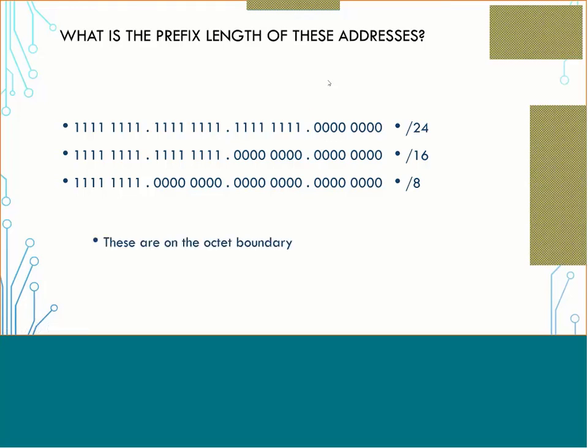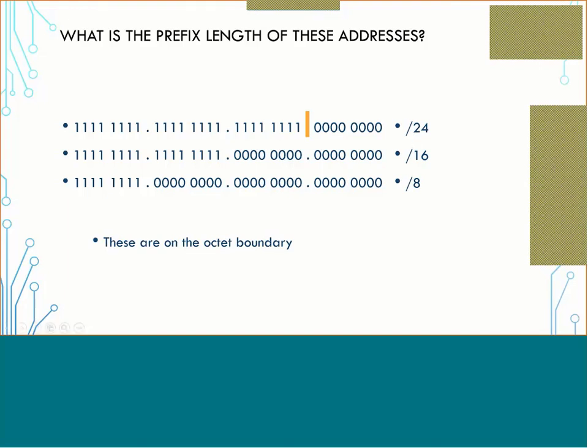Okay, so something I want you to start thinking about, because we're going to start thinking of things in terms of the octets and their boundaries. So whenever you have something on a /24, a /16, or a /8, we refer to that as a boundary or an octet boundary.